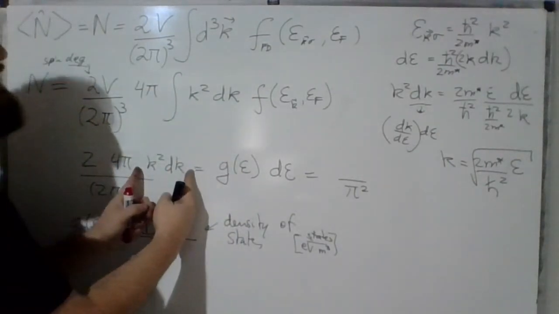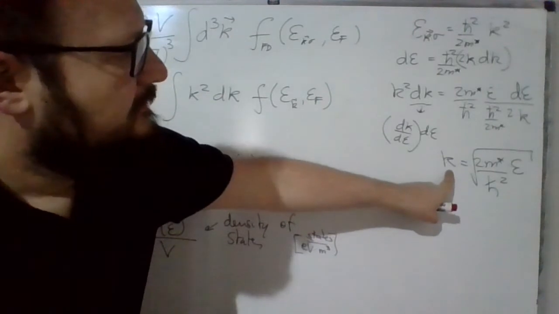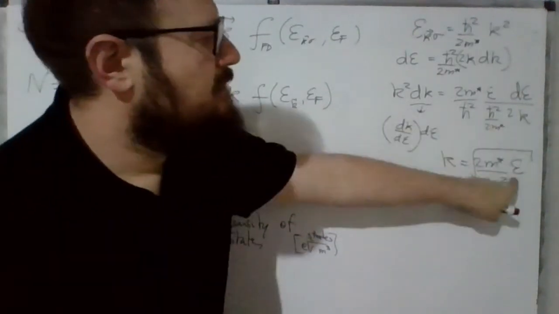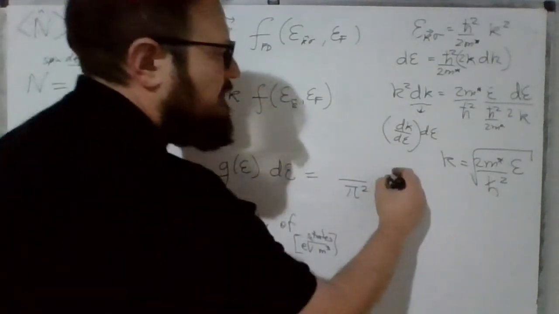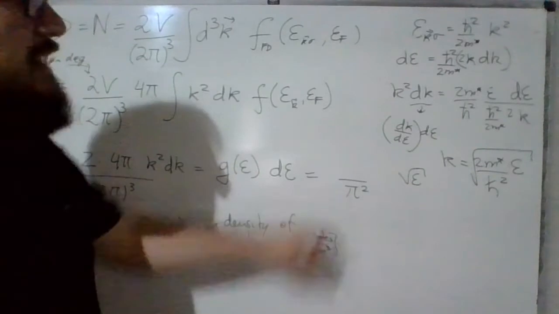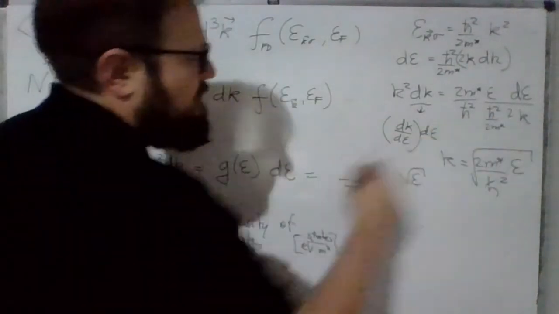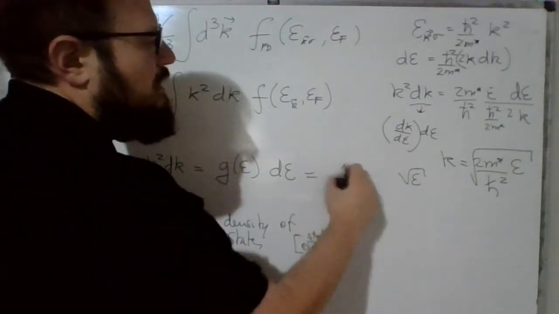K squared dk, it is that factor when we replace the k appearing here by its relation with energy. So of course, you will produce the square root of energy here, and the factor, this factor of 2 comes into play here, a factor of 1.